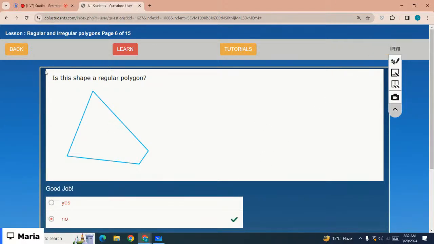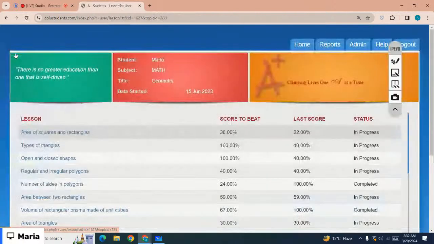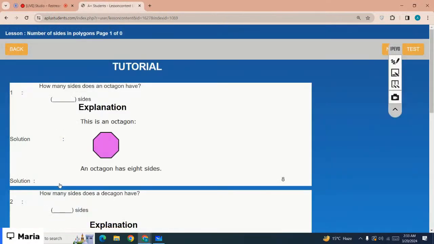Okay, you can complete the lesson by yourself later today. Let me just move on to the next lesson. The next one is number of sides in polygons.